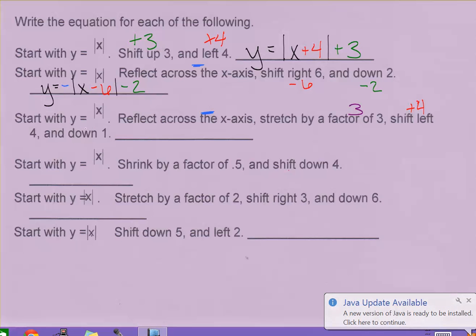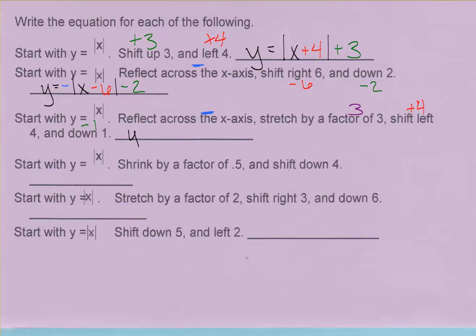So that means that we're going to subtract 1 at the very, very end. So we have y equals, and then a negative up at the front. And then a 3 along with it, because the stretches always go up front. The absolute value of x. And then it's going to move left 4, so plus 4. And then it will shift down 1, so subtract 1 at the end.